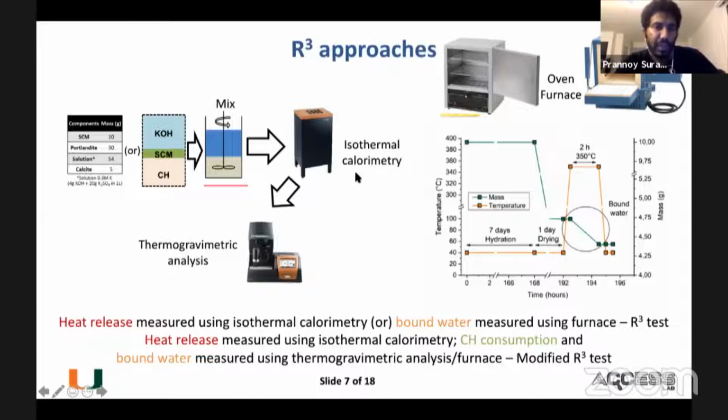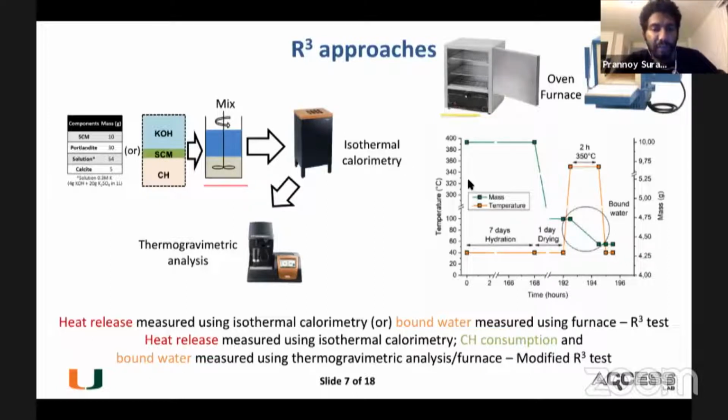What this does is it measures the heat of reaction, okay? And after you're finished, you can run thermogravimetric analysis on it, using which you can measure calcium hydroxide consumption or the water that is bound by a chemical reaction. But you can also measure the bound water using simply a furnace by measuring the mass loss from about 50 degrees to 350 degrees.